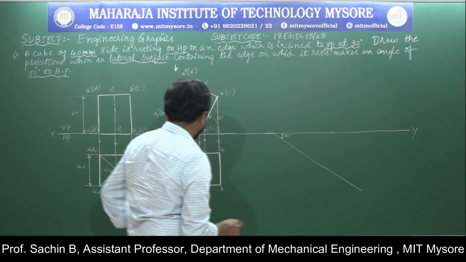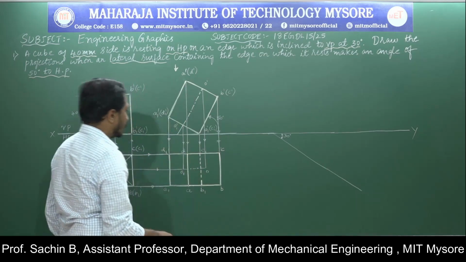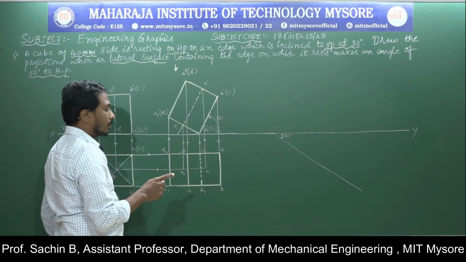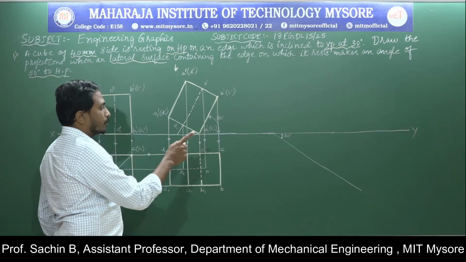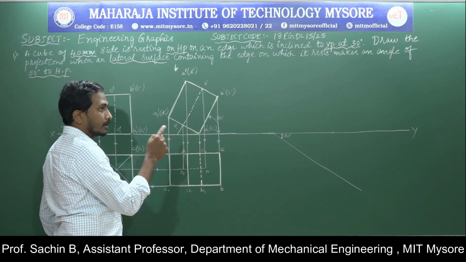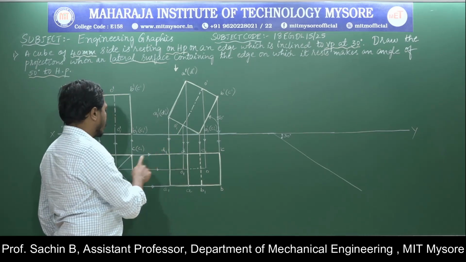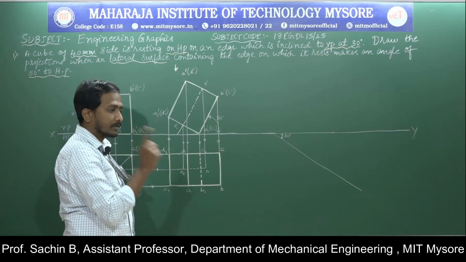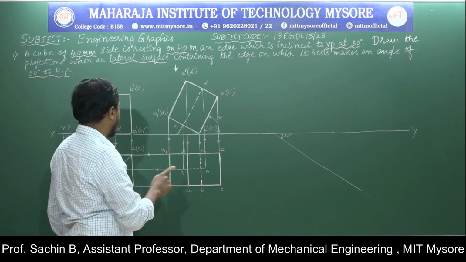Now I am going to mark the distance from B1 to C1. One more thing, to find out the beta angle: in beta angle problems, for the last position inclination, whether it is given to the edge or to the axis, the length of the first position and the second position should be the same. If it is not the same, we will go for the beta angle.